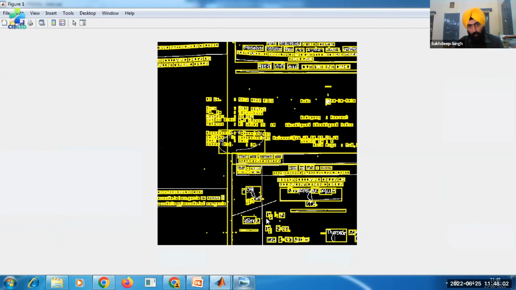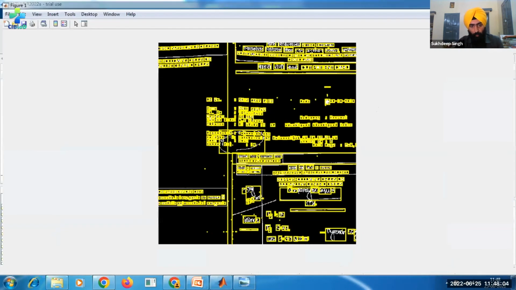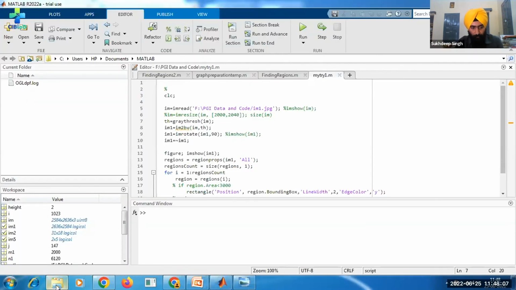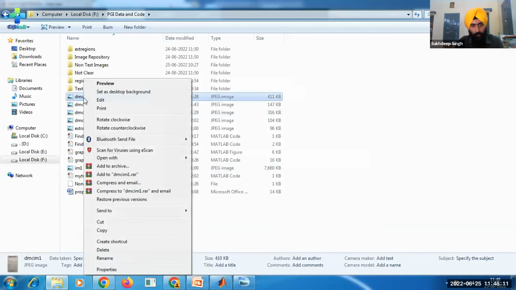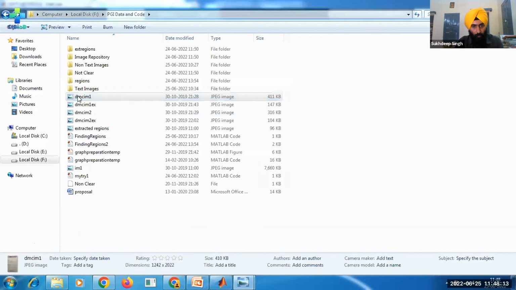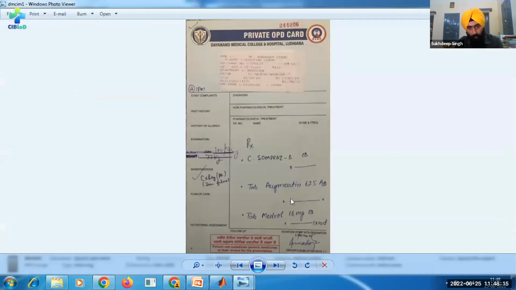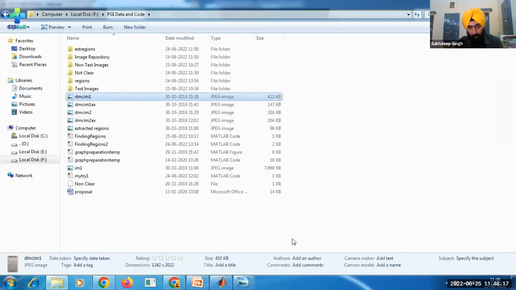So let me take one more OPD card. Like this is the DMC OPD card. So let me scan this.